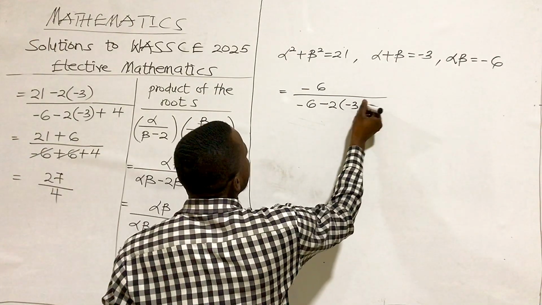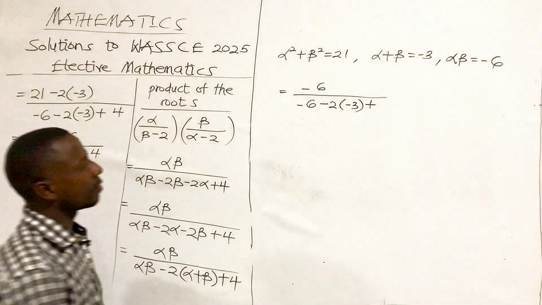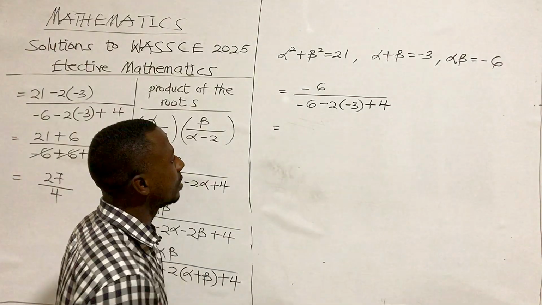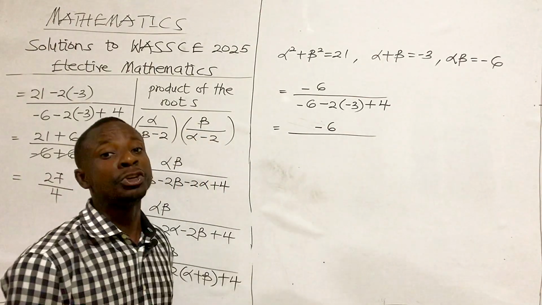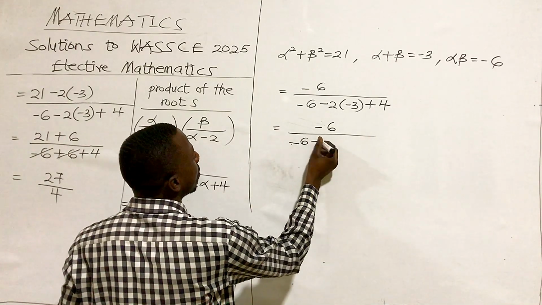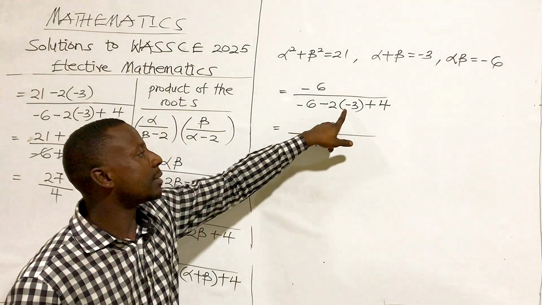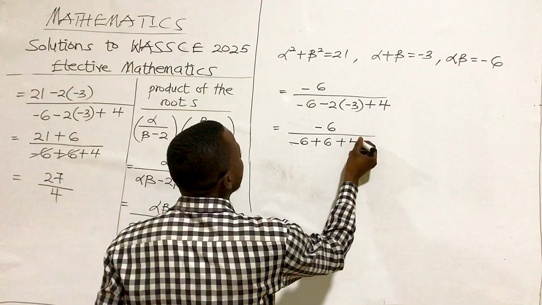So negative 3, plus 4. Then we still have negative 6 to be the numerator. Then another negative 6 plus 6, because negative 2 times negative 3, we have positive 6, plus 4.